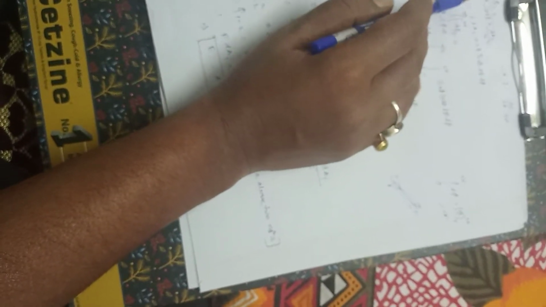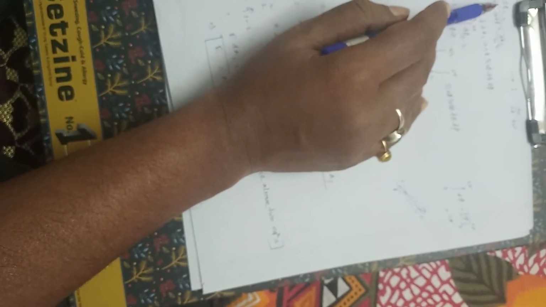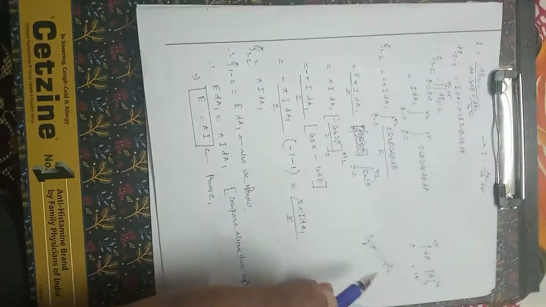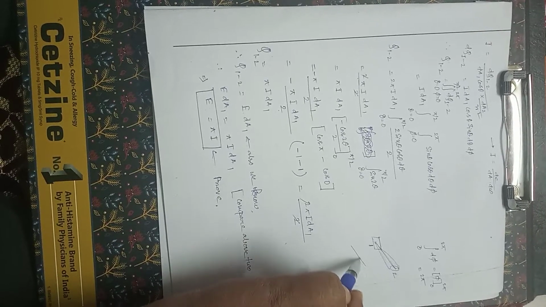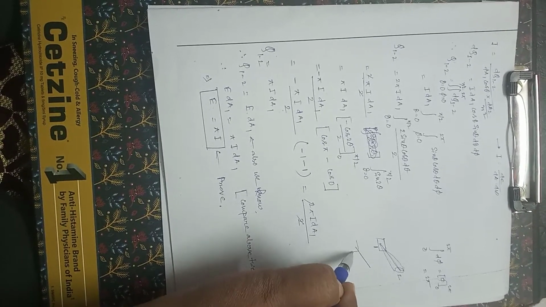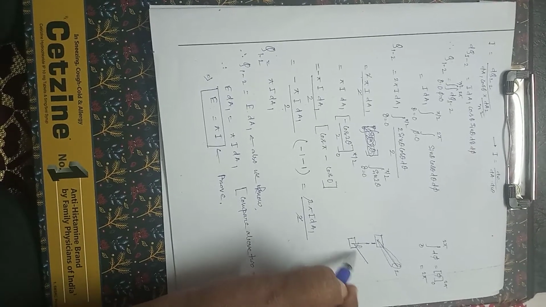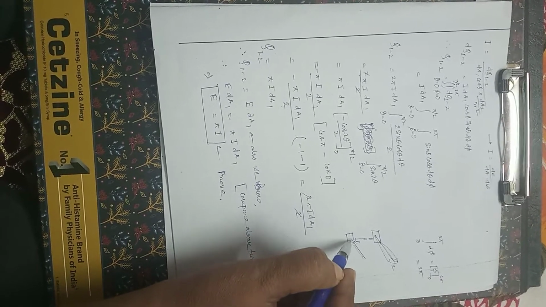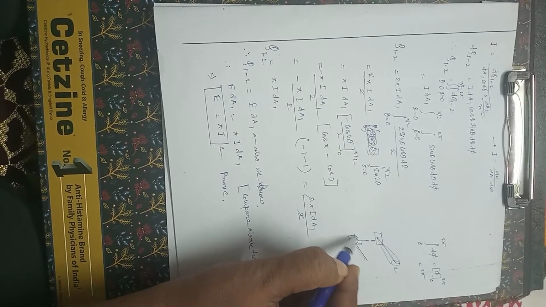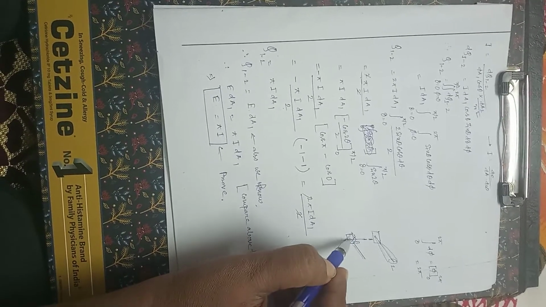Now d omega is defined by dA2 by r square, and the unit area involves cos theta, because when measured with respect to the normal, it is always the cosine value.